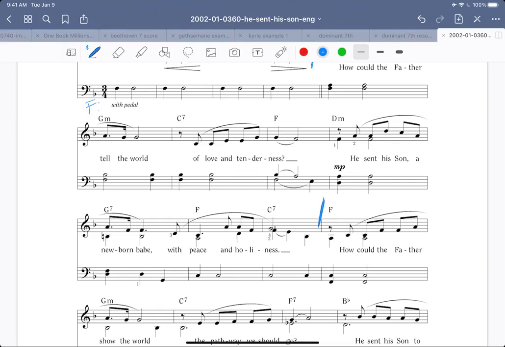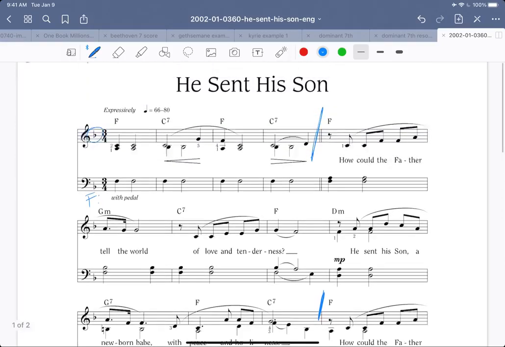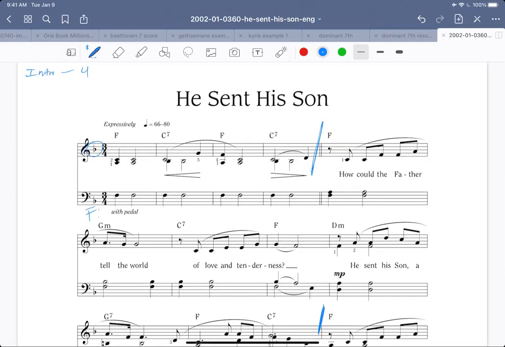So this is like a halfway point here. So the verse, we had 8 bars, and then we had a little half cadence. Remember, a half cadence is when you pause on the 5 chord as sort of the comma of your phrase.